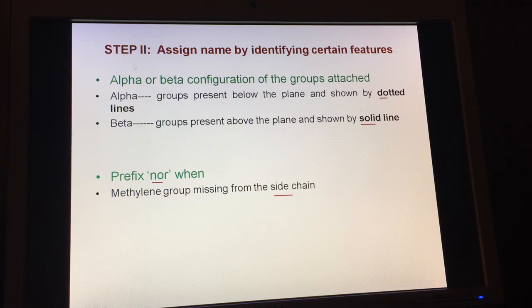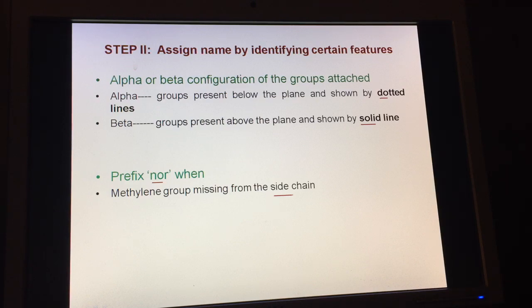So if any of the CH2 groups in the side chain, the chain attached at position number 17, is missing, then we use the term NOR. Suppose the group at position number 22 is missing, so we call it 22 NOR. We prefix it by the location where the methylene group is missing, and then we add NOR.